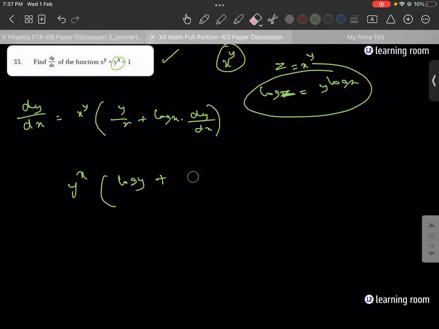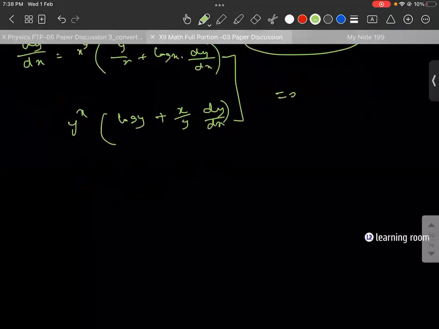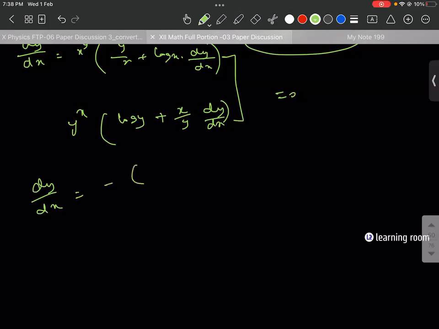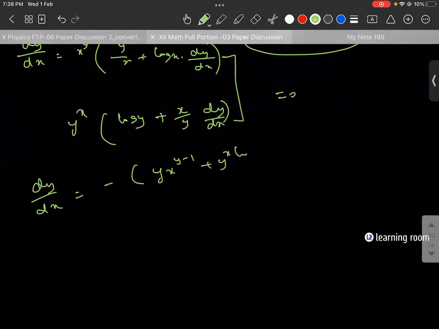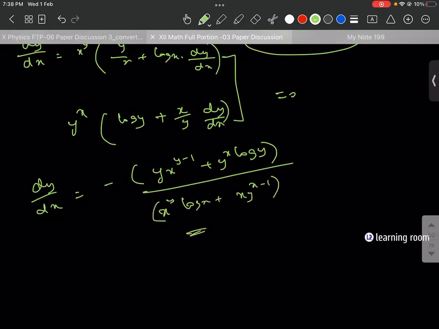Okay, x by y into dy by dx. Right. The sum of these two values should be 0. So after you do that, you will get dy by dx is equal to negative of y into x power y minus 1 plus y power x into log y, the whole divided by x power y into log x plus x into y power x minus 1. We'll get this as the answer.